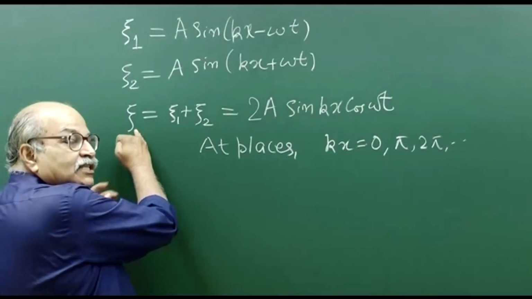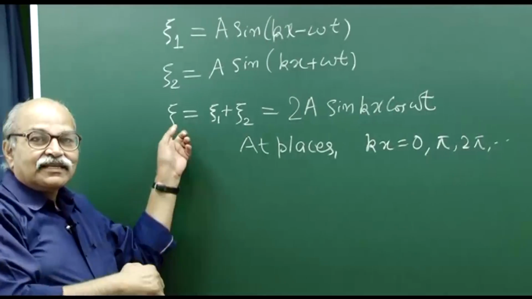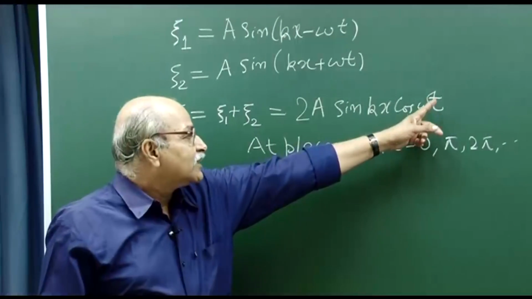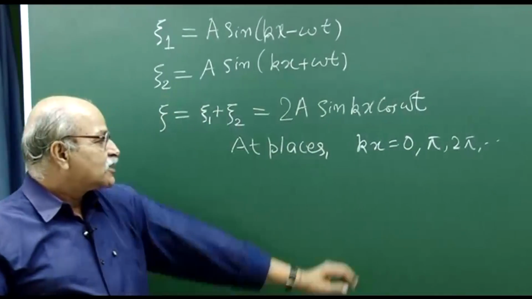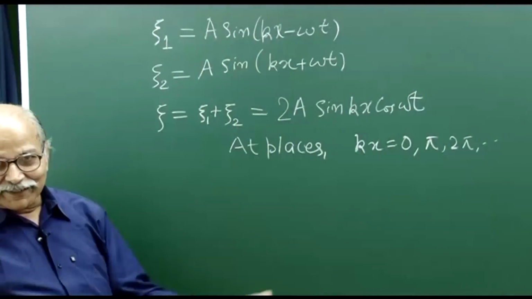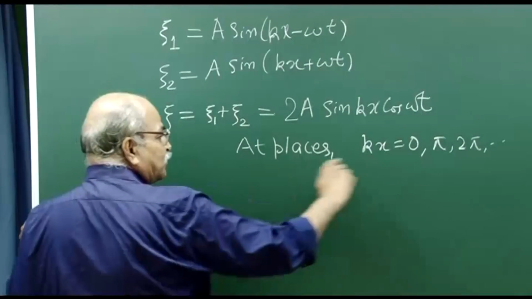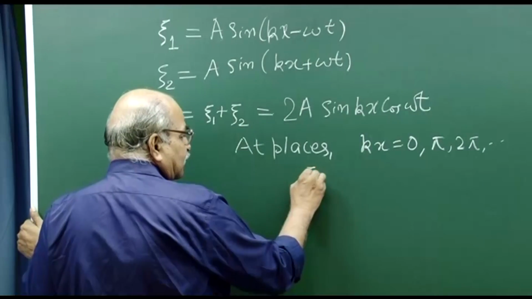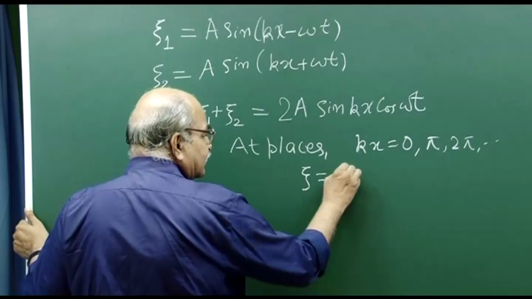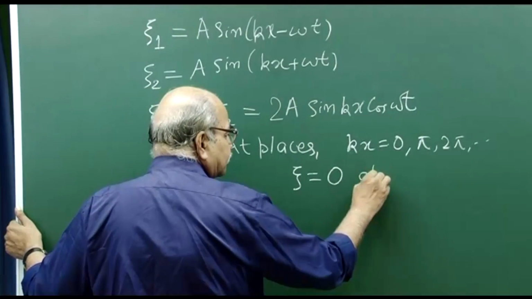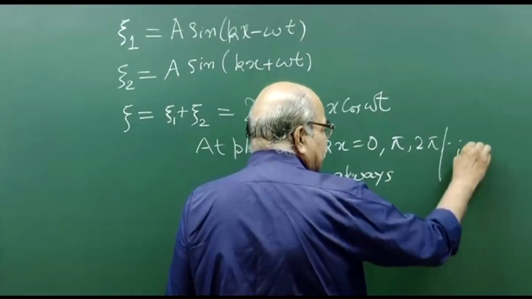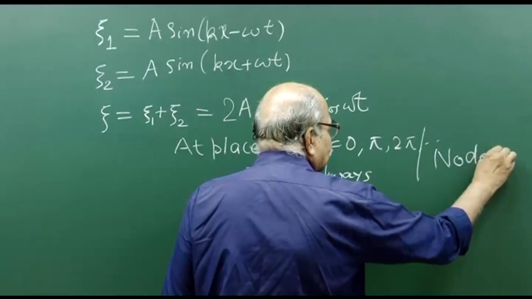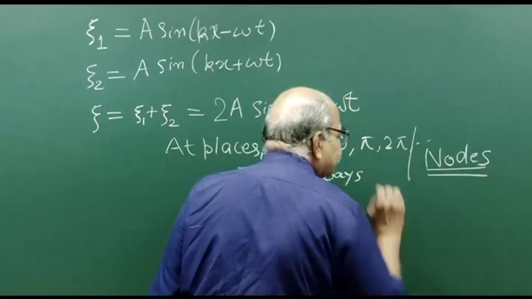This net displacement, net disturbance is always 0 for all time, any t, if this kx is an integral multiple of pi. So, at these positions your displacement is 0 always. These positions are known as nodes.